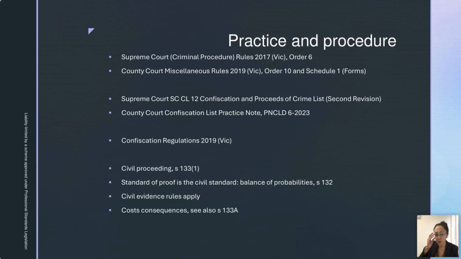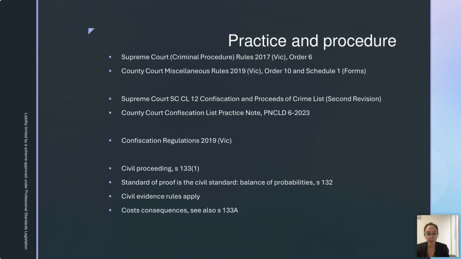Some important things to remember are that confiscation proceedings, whilst often born out of criminal or alleged criminal activity, are civil proceedings. And that means the standard of proof is the civil standard, being the balance of probabilities.